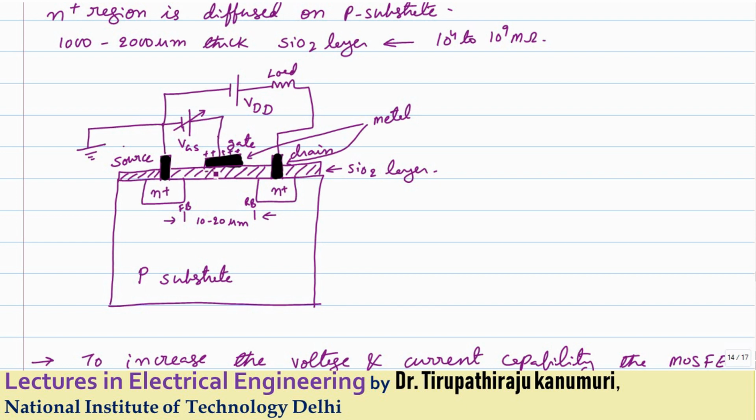Because of the polarization, the negative charges will be induced here and positive charges will be induced here. I hope you already have an idea about how the capacitor works. If you don't, please refer to my EMFT playlist and go to the topic polarization of the capacitor or how the capacitor works. In those two lectures I have explained the complete phenomena of polarization and how this works in detail. So I am assuming you already have the idea, so I am proceeding.